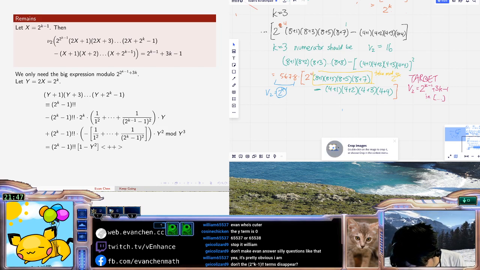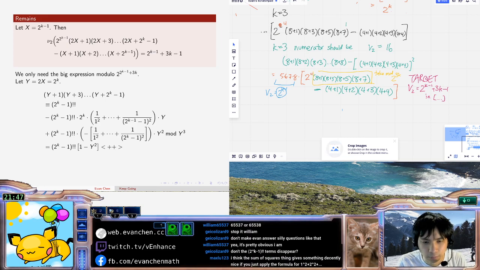Okay, it's a little weird because we're working mod 8, for example. 2 to the k minus 1 double factorial, 1 3 5 7, is actually minus 1. Actually, it's just always minus 1. You're right. Okay, so minus 1 minus... and then plus y squared times this horrendous thing, which I was hoping would cancel itself out, but apparently didn't. I really hope I just made an arithmetic error and it should cancel itself out, but I don't see it doing that.